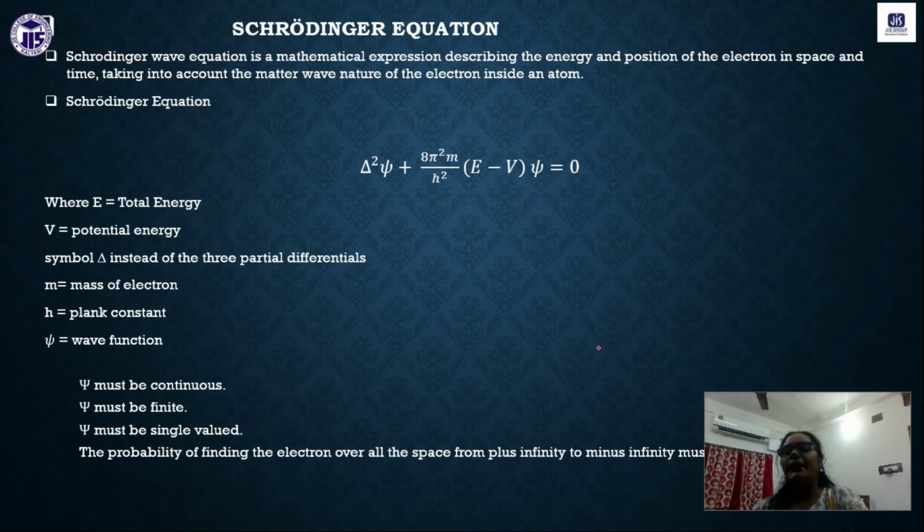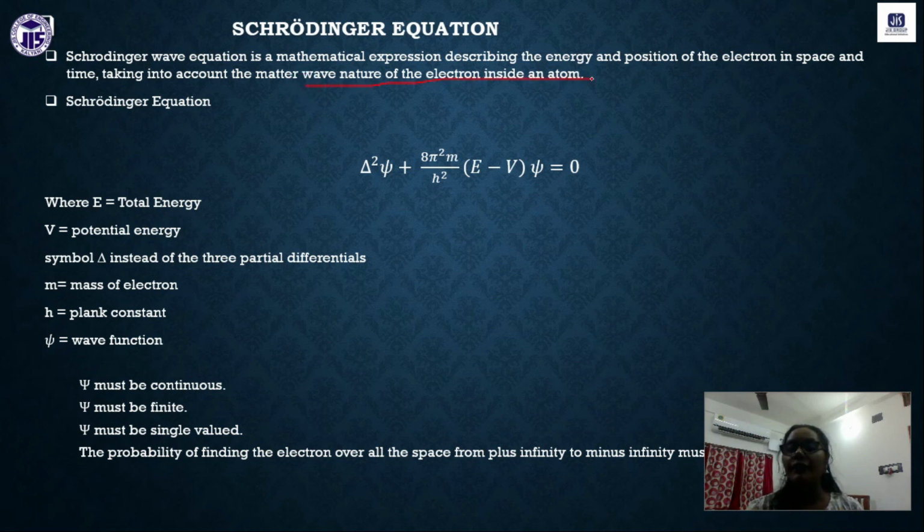Okay, now Schrodinger equation. Generally you have a very little amount of it. Schrodinger equation is a very difficult concept, and we have a full paper, that is quantum mechanics, where we generally read the Schrodinger equation. We consider electrons as having wave nature.